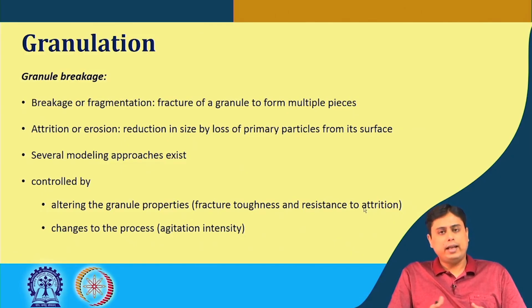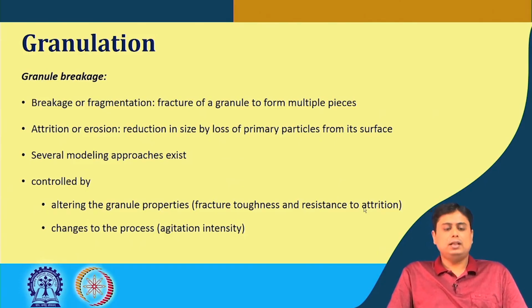There are several modeling approaches that exist to explain the mechanism of this breakage. This breakage mechanism can be controlled by altering the granule property or by changing the process operation.